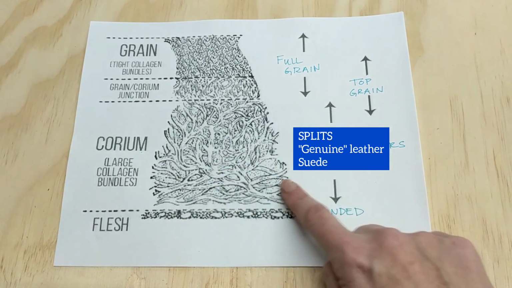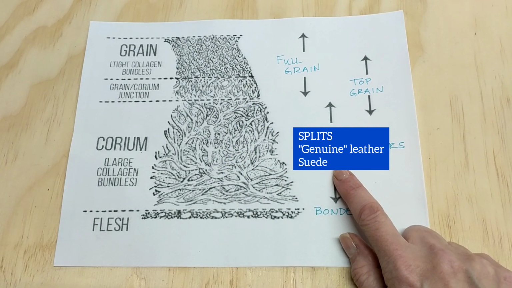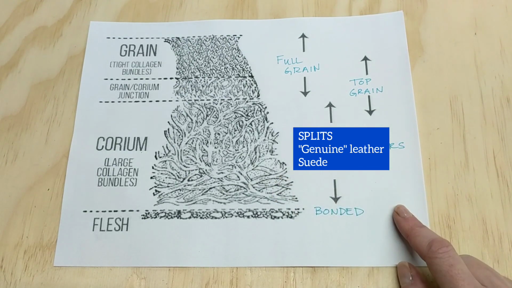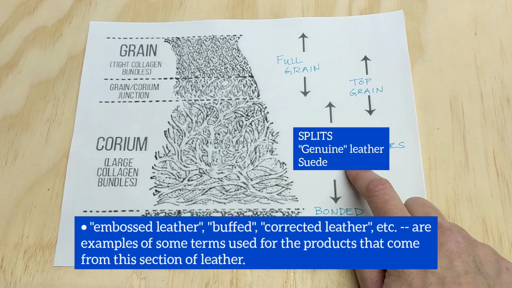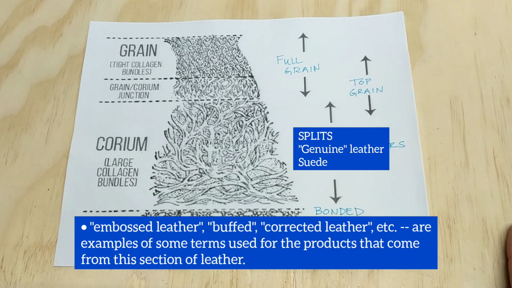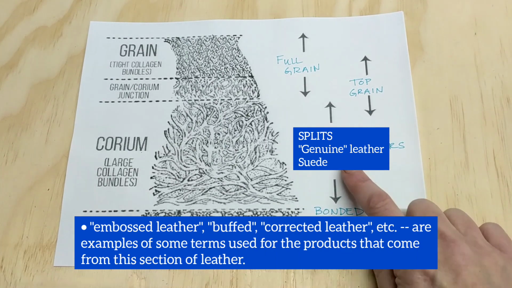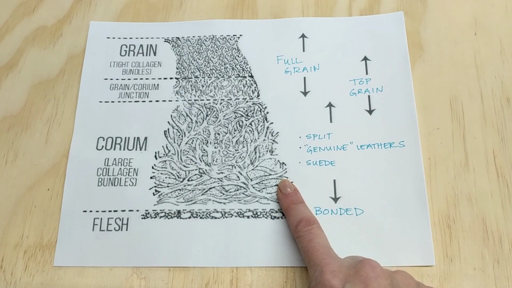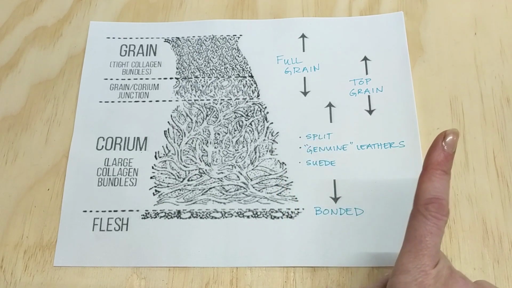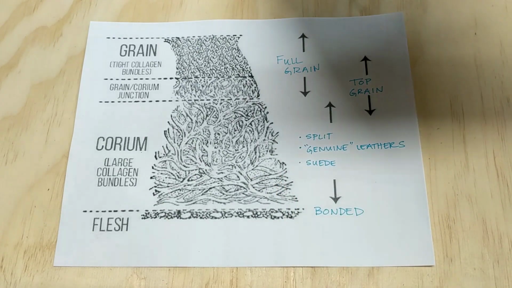Now, because there are a lot of leathers that come out of this section, there are many terms that are used for various types of splits. Like I said, genuine leather, corrected leather, embossed leather, suede. So you'll hear a lot of terms for leather that comes from this cross section of the hide. I'm going to show you just a few examples.